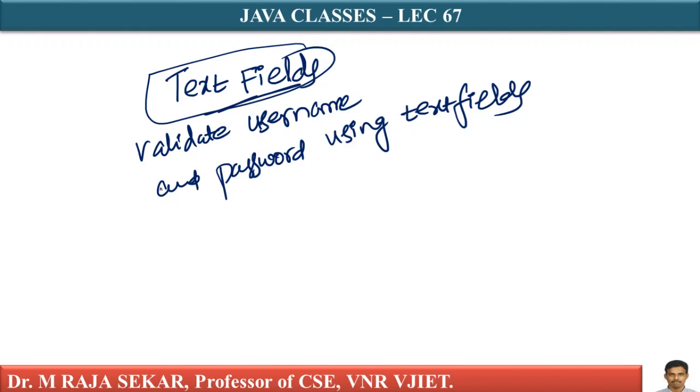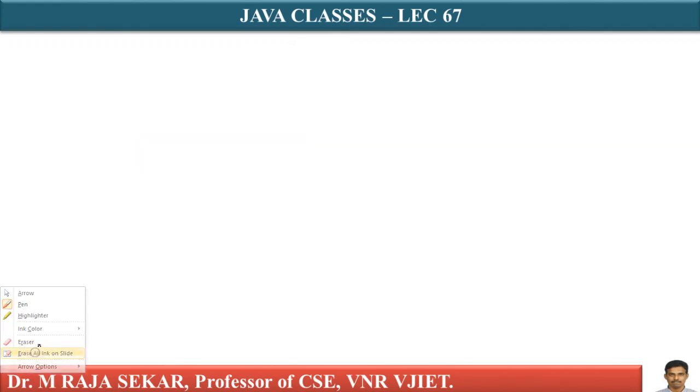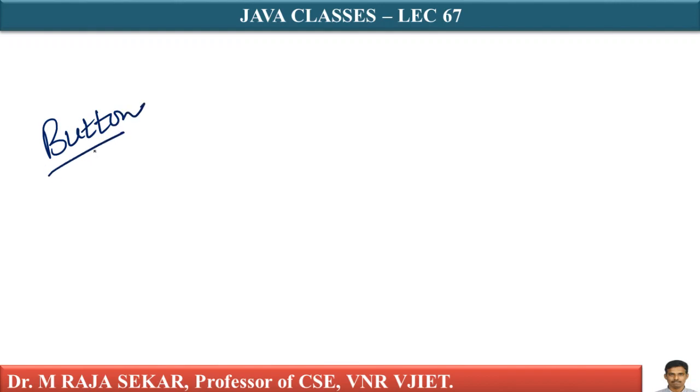We will try to understand text fields with the help of a program which is useful to validate username and password. After button, we already discussed about button, isn't it? After button, the most important component is text field. Text field and text area are the subclasses of text component.